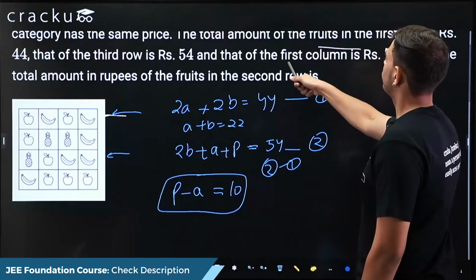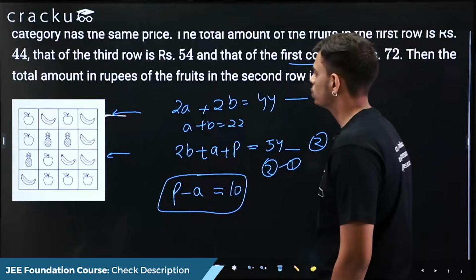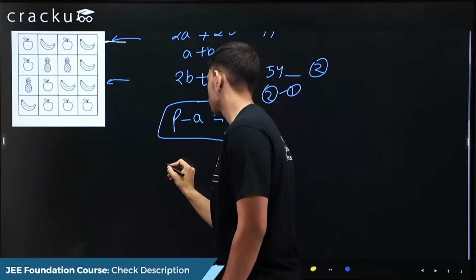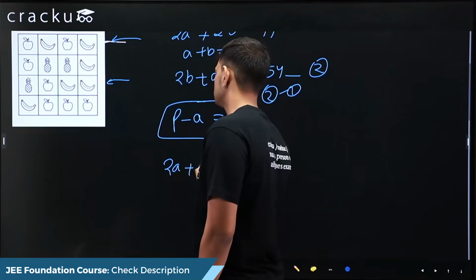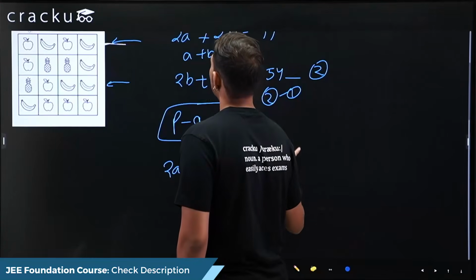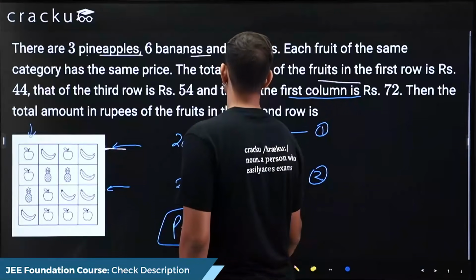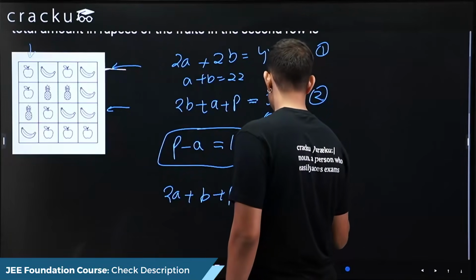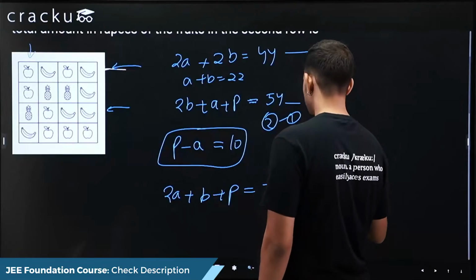The amount in the first column is rupees 72. The first column is this: 2 apples, 1 banana, and 1 pineapple is 72. Let us suppose this to be the third equation.